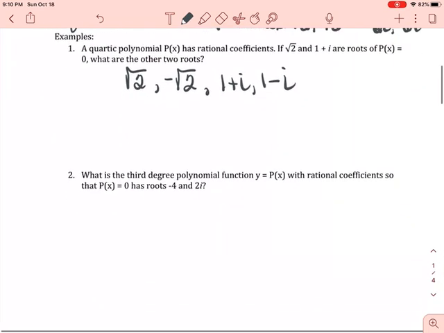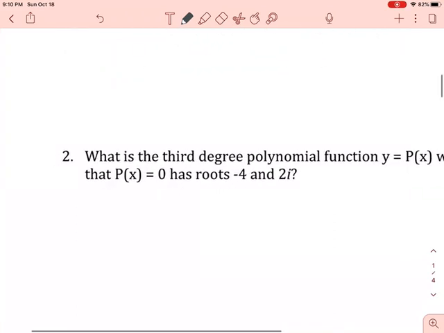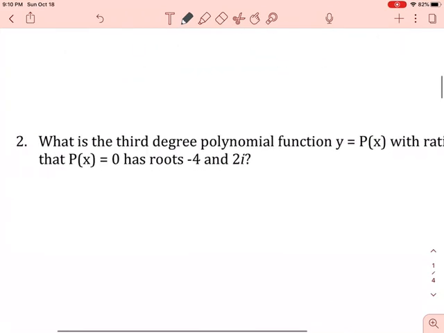All right, so what does that mean? That means if I know the roots, I can create or develop the polynomial. What is the third degree polynomial function y equals p of x with rational coefficients so that p of x equals 0 has roots of 4 and 2i? So that means that negative 4 is a root, 2i is a root, and negative 2i is a root.